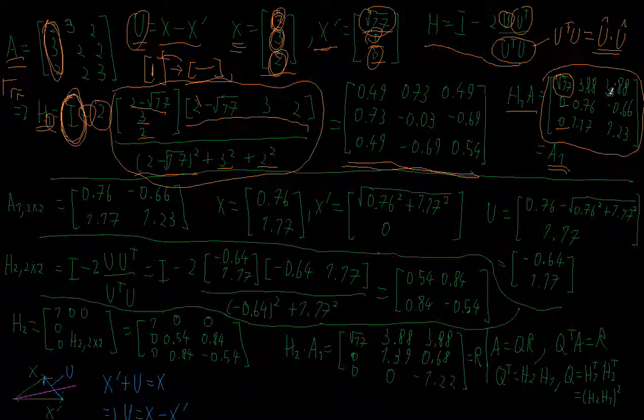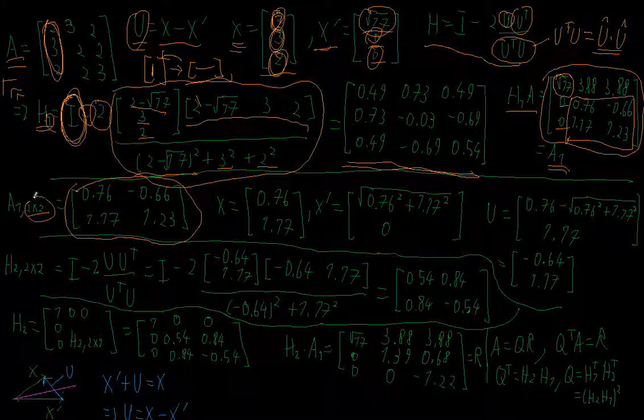So now we will only consider this submatrix here: 0.76, negative 0.66, 1.17 and 1.23. Let's call it A sub 1, comma 2 by 2 submatrix.